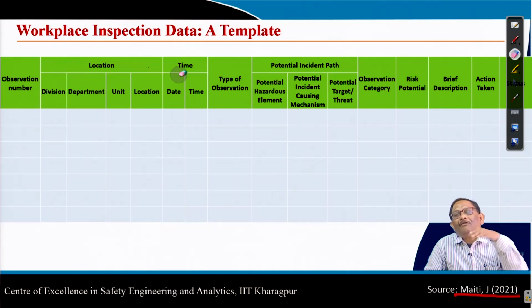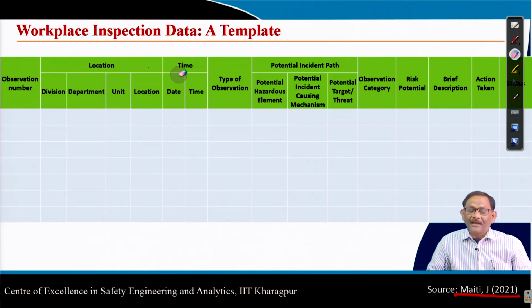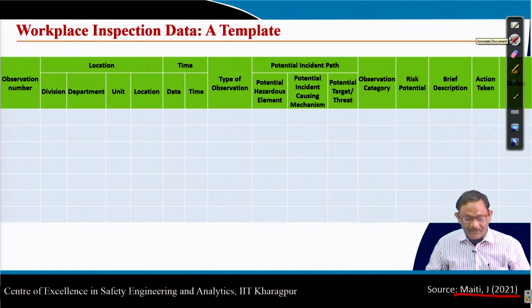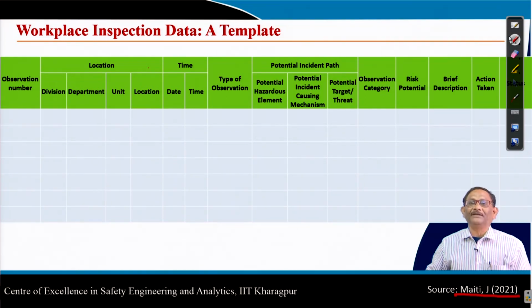That will create a lot of blank cells, and based on my experience doing safety analytics on a large amount of inspection data, I found that for some variables there are huge blank spaces. That means no data is available. So it gives a false impression that we have a huge amount of data.